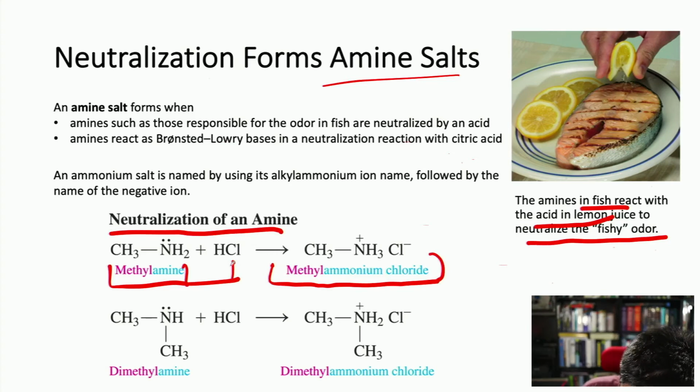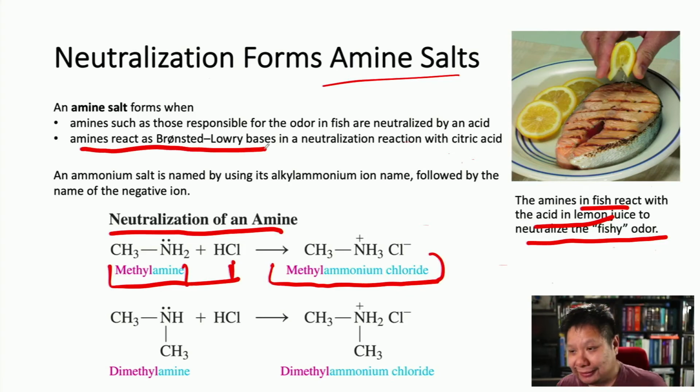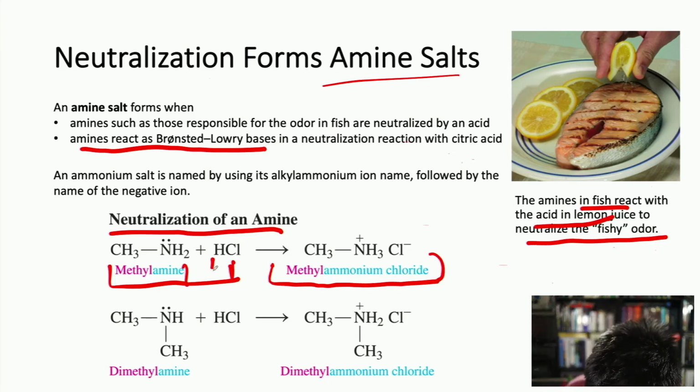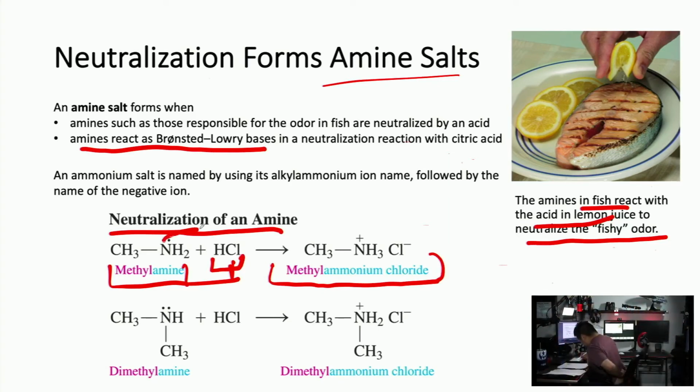We did this with hydrochloric acid because amines act as Bronsted-Lowry bases, so they'll accept protons. When you add hydrochloric acid to methylamine, the amine takes that proton from the hydrogen right there, leaving you with methylammonium and the chloride ion.